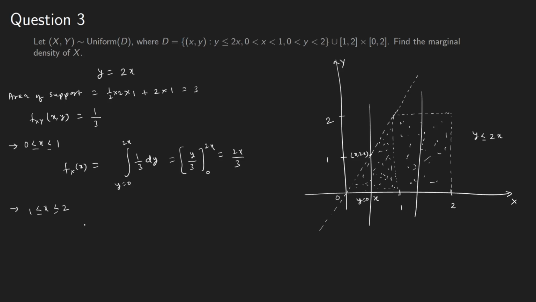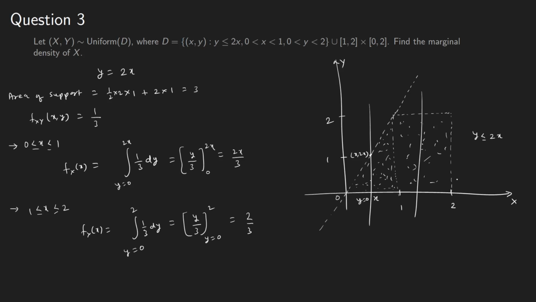We again integrate with respect to y, but at any point the limits of integration will be the same, so this area will also be the same. So y goes from 0 to 2, it will again be y by 3, y from 0 to 2, which equals 2 by 3. So the marginal PDF density attained at 1 remains constant after 1 and up to 2.